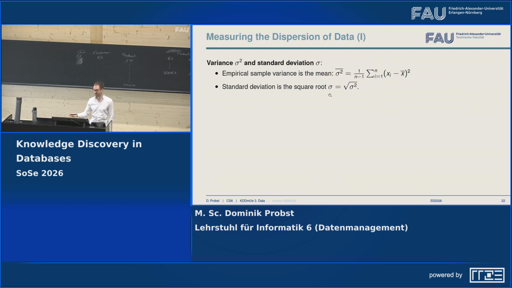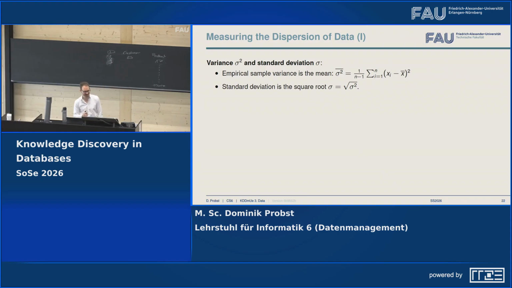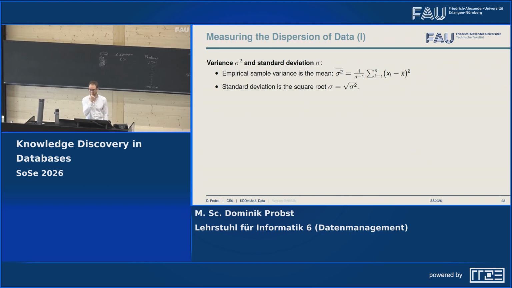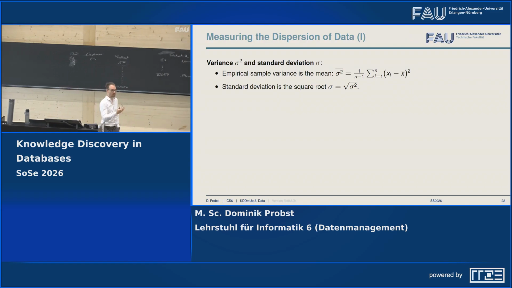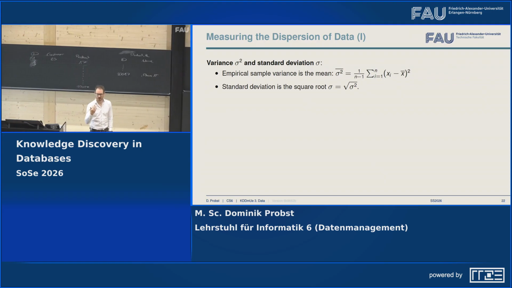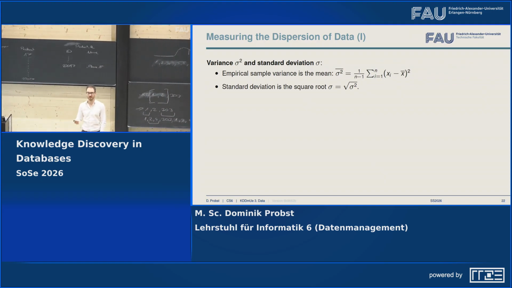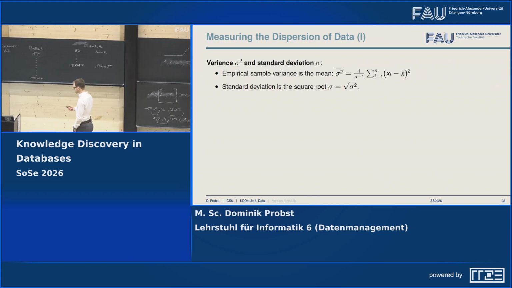Because previously the variance was squared, and if we want to have the non-squared variant of that, then we have to take a square root and we end up with the standard deviation. So the real value, how much is the average value differing from the mean? That's the standard deviation, more or less.